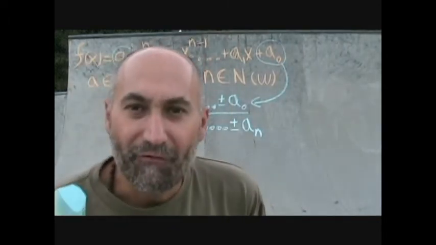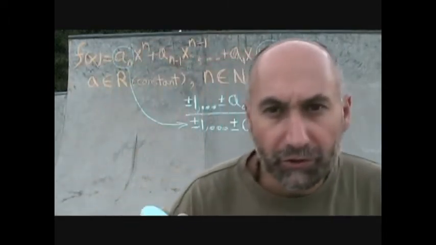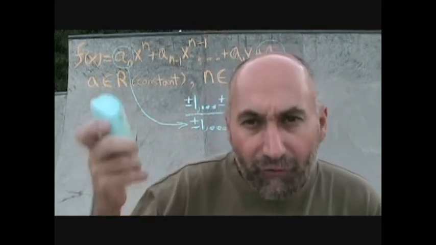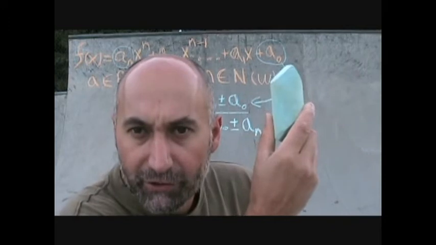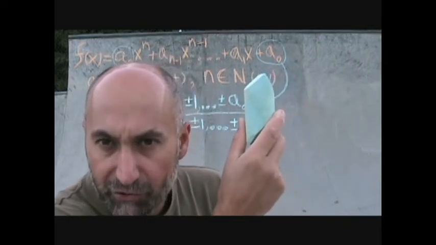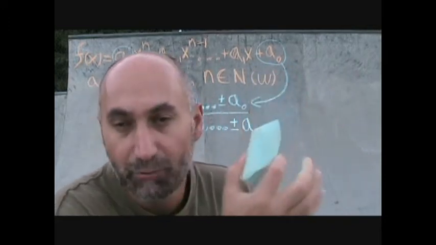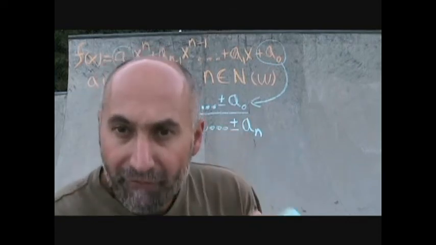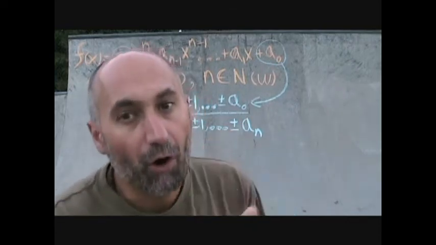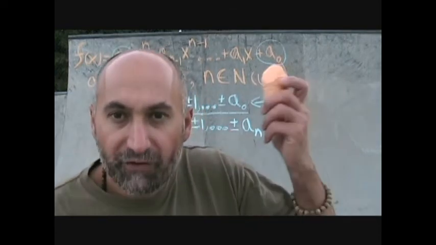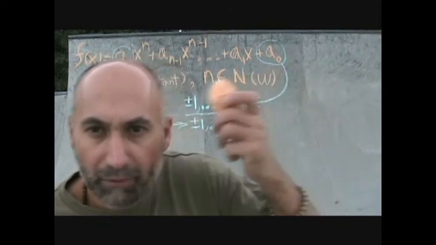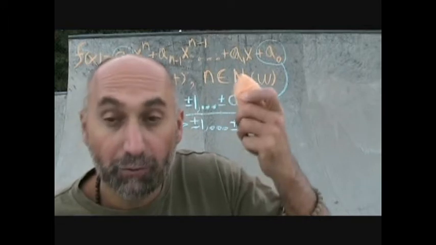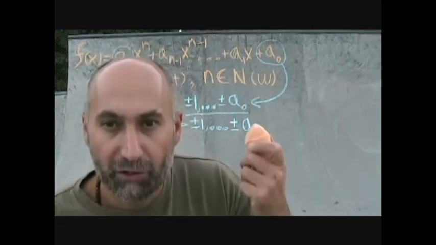So the factors we're going to look into for factoring a large polynomial are possible factors of the constant, the a sub 0 term. We're not just talking about the prime factors, we're talking about all possible factors. So if this number were 8, the possible factors of 8 would be plus or minus 1, plus or minus 2, plus or minus 4, and plus or minus 8.